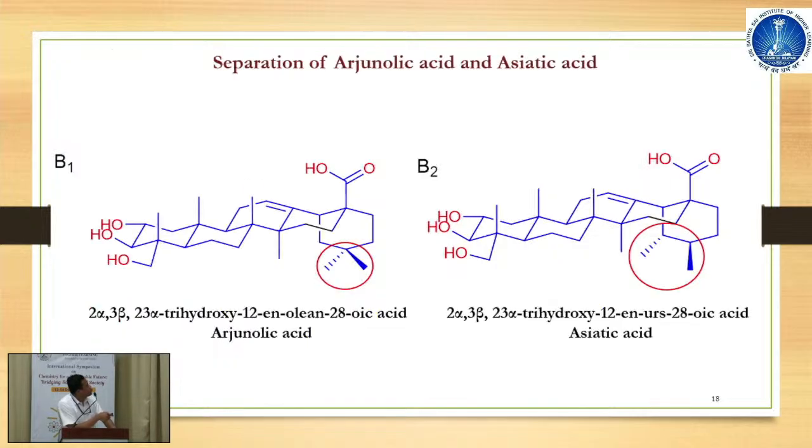Now coming to the separation of arjunolic acid and asiatic acid, the only difference is the position of the CH3 here. In the case of arjunolic acid, the two methyl groups are in the geminal position, and here they are in the adjacent position. So their Rf values are the same, and it is very difficult for us to separate arjunolic acid and asiatic acid.